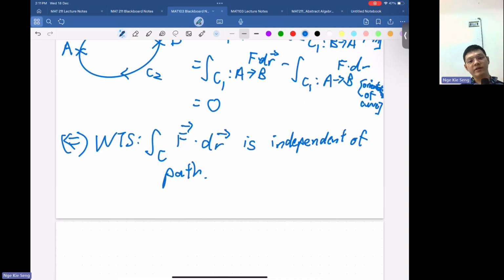So to show this, what do we need to do? You need to show it is true for any two points A, B in D, and then any path between A and B.